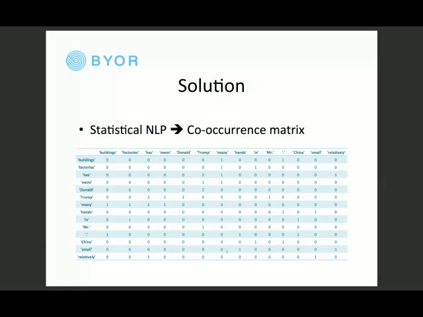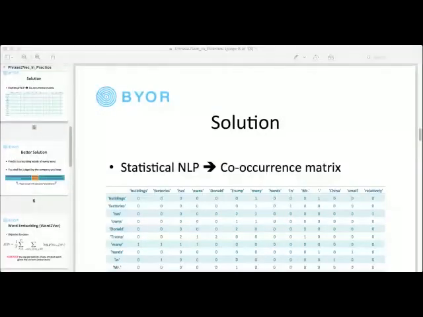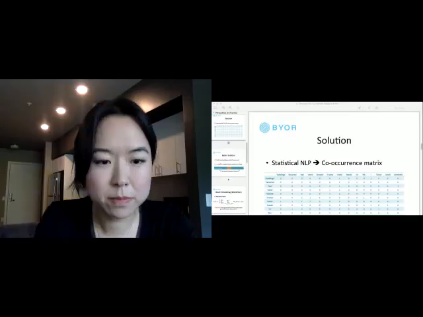So how can we do that? We're going to build a co-occurrence matrix, and then we will use SVD, singular value decomposition, to reduce the dimension. I will show you one very simple and very arbitrary example. Let me share a different screen.